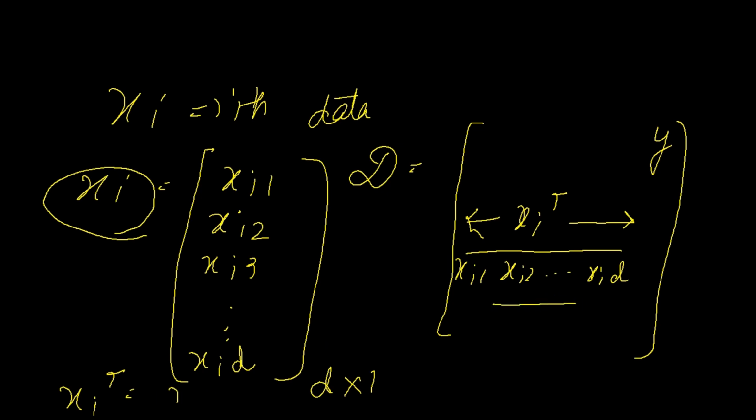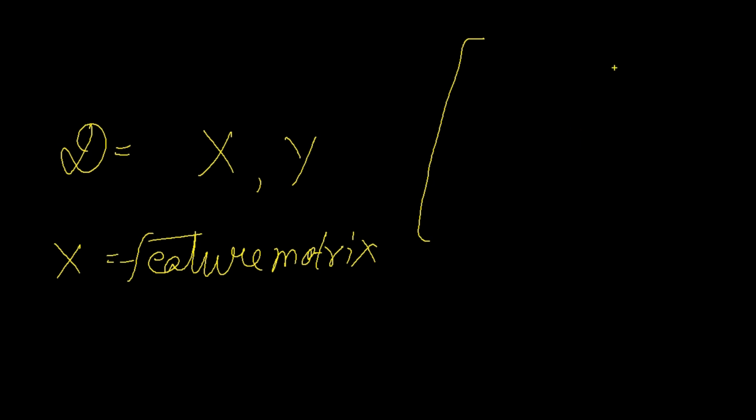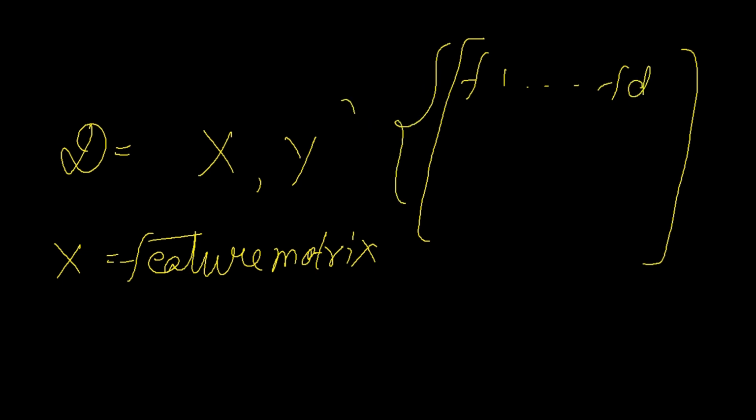When we take this transpose, it will be represented as xi transpose, in the same form shown here: xi1, xi2, up to xid. Transpose is a matrix operation in which we interchange the rows and columns. This X is called the feature matrix. It is nothing but these d features, f1 up to fd, and n data points.